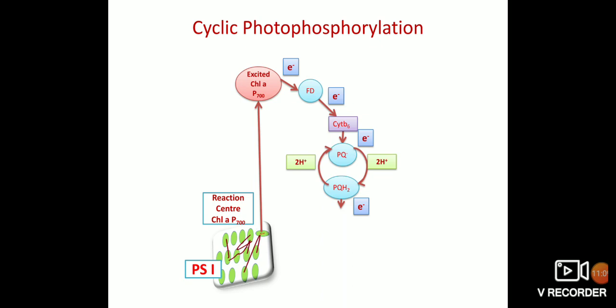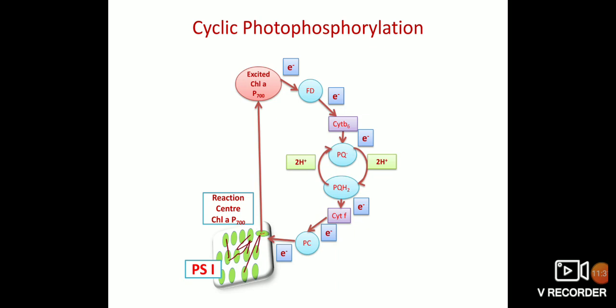The electron that is released from the plastoquinol is transferred to cytochrome F, and from cytochrome F the electron is transferred to plastocyanin, and from the plastocyanin the electron again reaches the chlorophyll A P700 molecule.